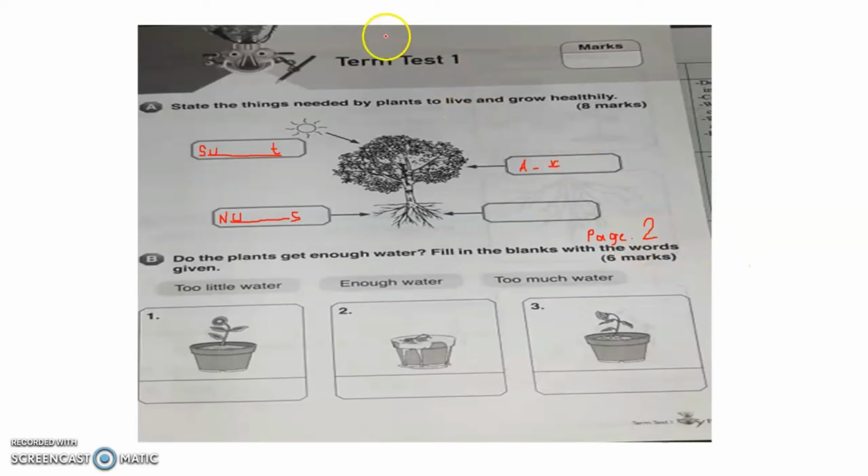Okay, W blank blank blank and R. Okay, again you can find the answer here in page number 2. Go back and look for page number 2. Okay, page number 2.